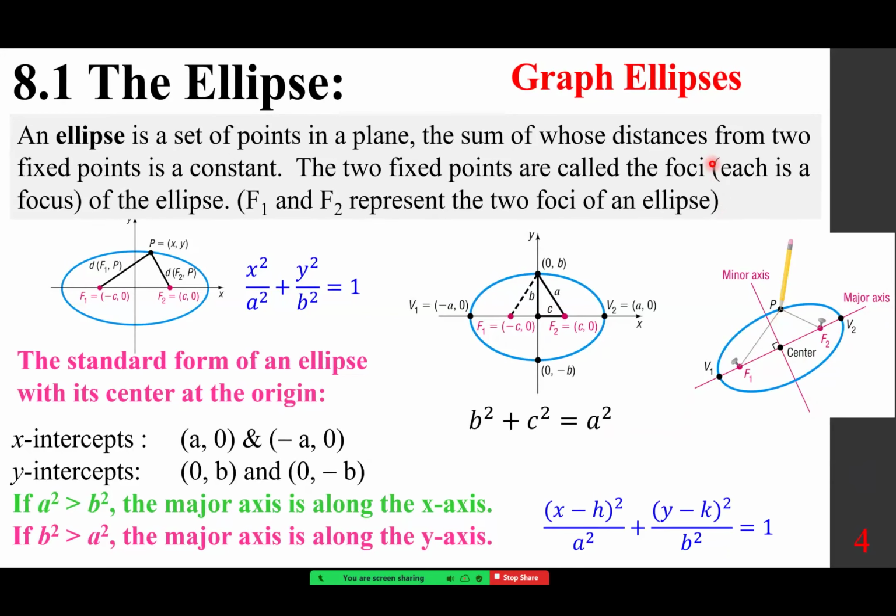If it's centered at (h, k), the formula becomes (x minus h) quantity squared over a squared plus (y minus k) quantity squared over b squared equals 1. It's important to understand that a circle is a special case of an ellipse where F1 and F2 come together and become the center, or a is equal to b.